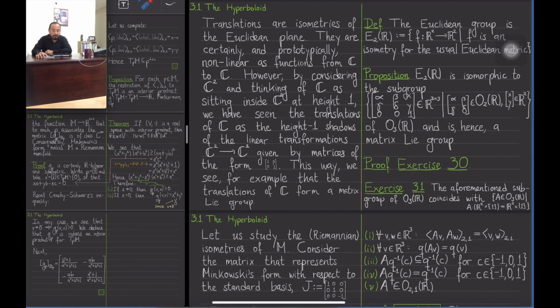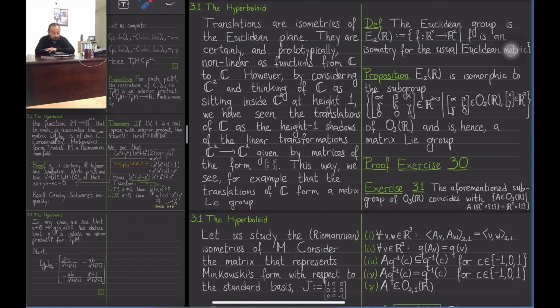So on each tangent plane of the hyperboloid, so for the tangent space of the hyperboloid at any point, Minkowski's form itself gives you an inner product. So M is a Riemannian manifold, and that's what we saw. And then we said that this class we were going to speak about the group of isometries of the hyperboloid.